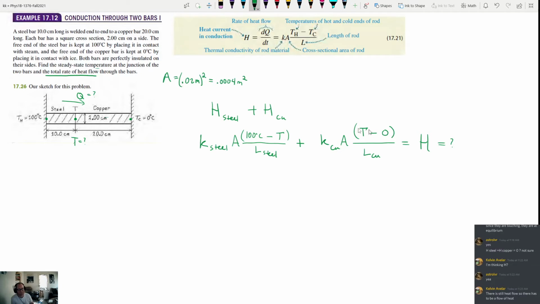But in order to do that, we need this temperature here, right? We need that temperature. So there must be some other way to solve for it, right?